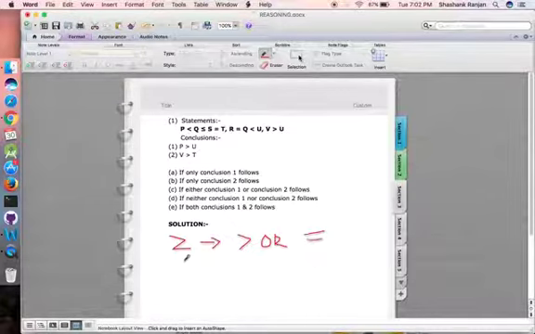Greater than equal to means either greater than or equal to. Just like that, similar to this.